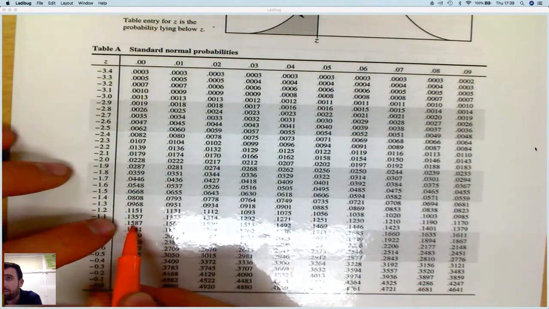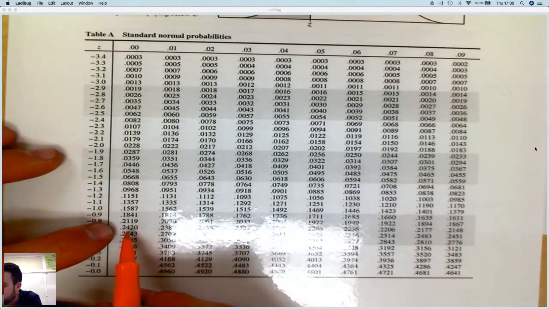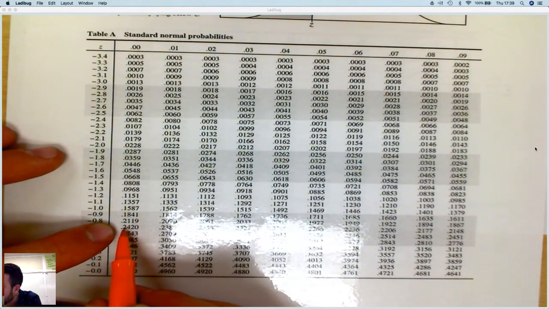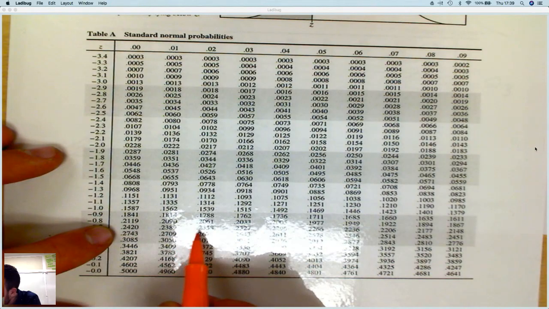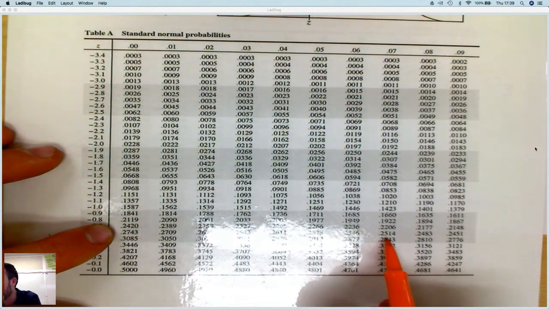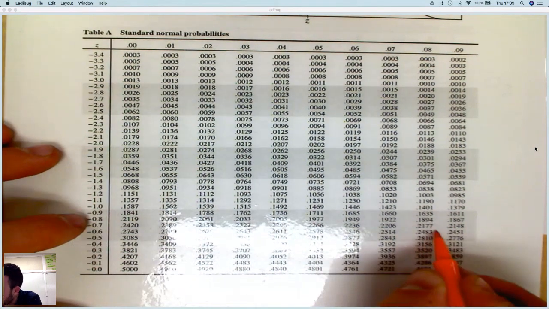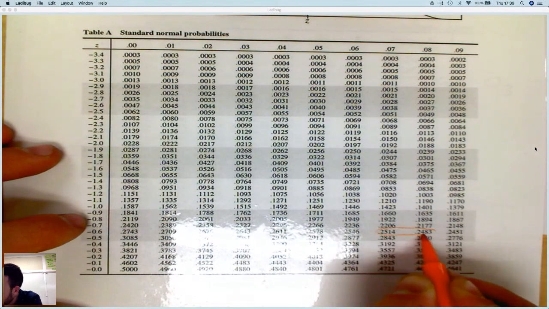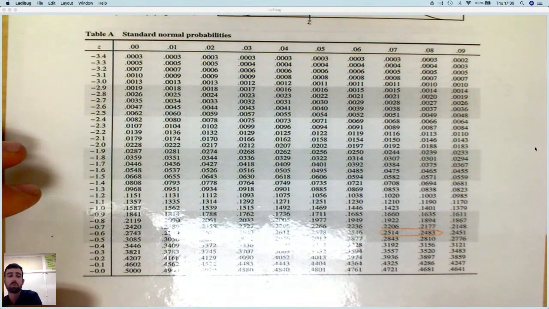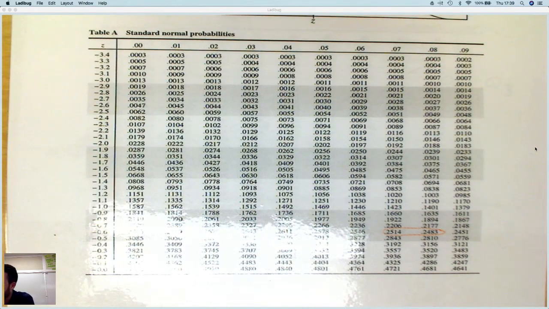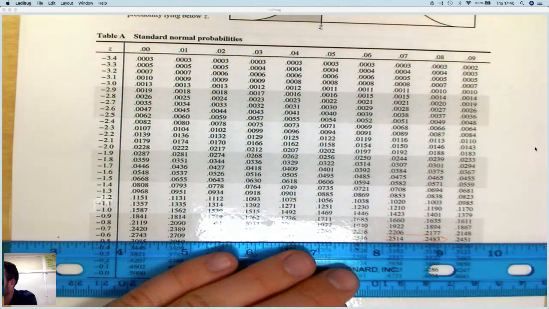So I see 15. I need to go more. I see 24. I see 25.15. 24. Okay, so it's somewhere in between here. Now all we want to do here is just pick the closest one to 25.